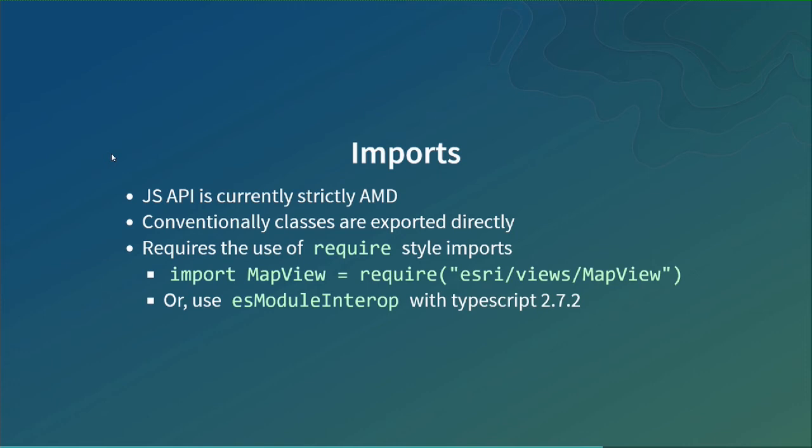But AMD was done before they settled on the system that they wanted to promote as an ES feature, and so conventionally, classes are exported directly. We need to keep it this way to keep this backwards compatible with the existing code that you have. That means that right now you need to use require to make your import. So you cannot really use import map view from, for example.